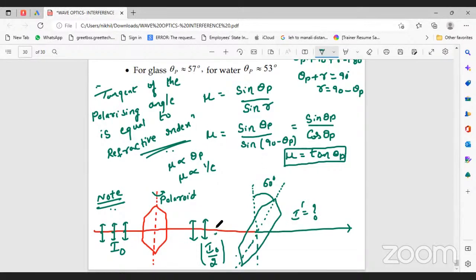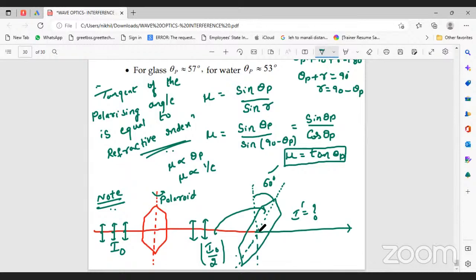Now this is incident on the second polaroid. But the second polaroid is tilted by what angle? 60 degrees. Now what will be the intensity of this? Use Malus law.